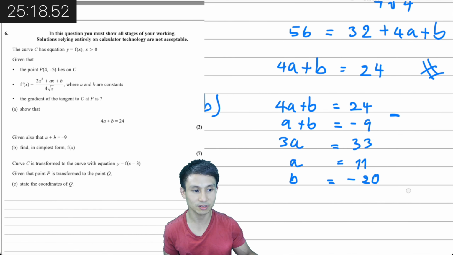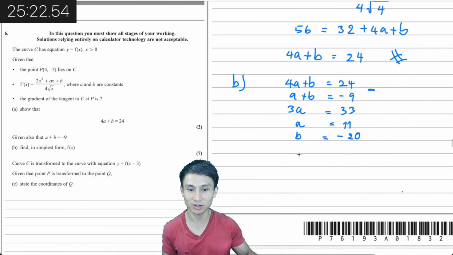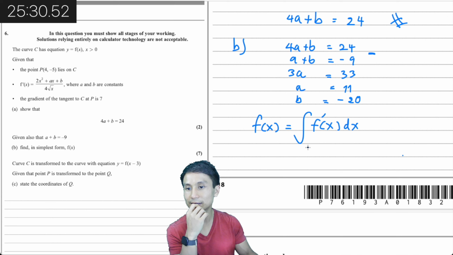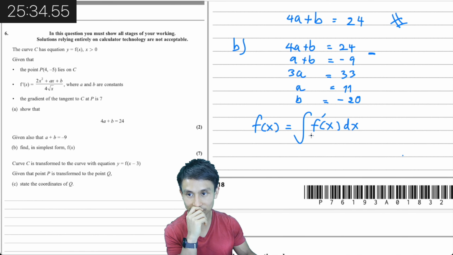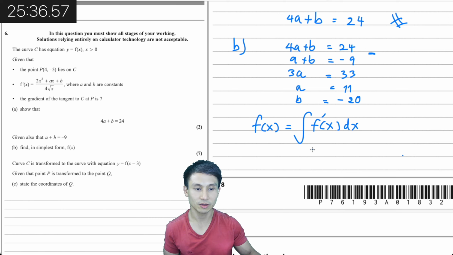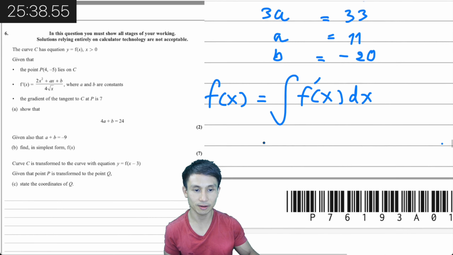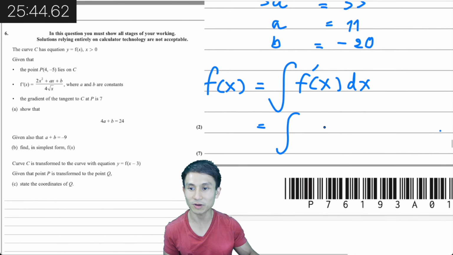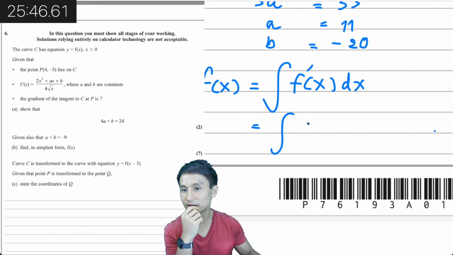Oh, not yet. We need to simplify the f(x). Okay, we're not done, basically. So f(x) is found by integrating the first derivative, yeah? Okay, so we're going to integrate that gradient function there. Let's simplify the integrand first, because that's a big fraction.